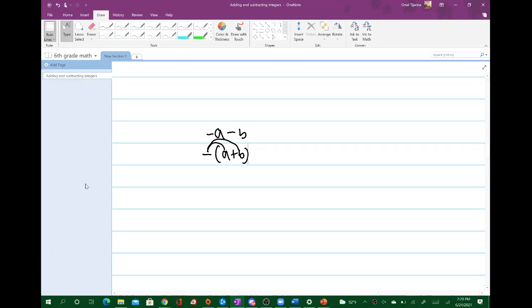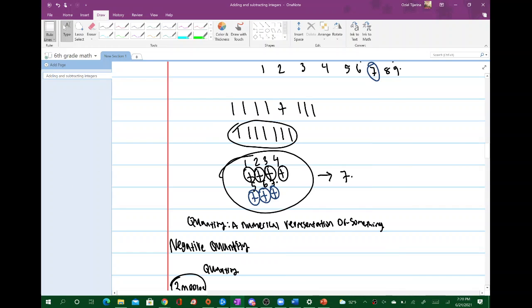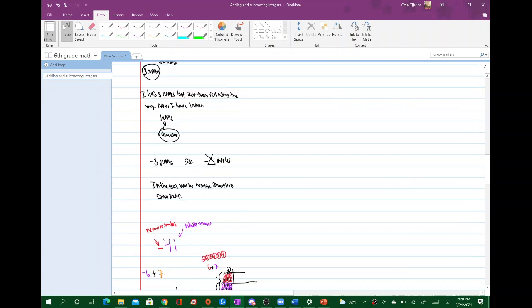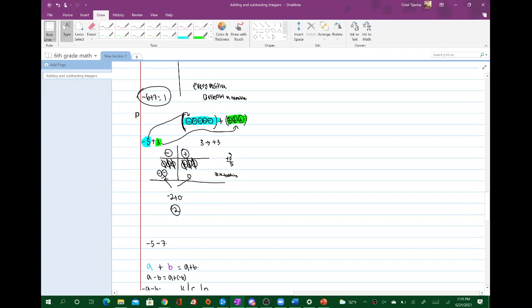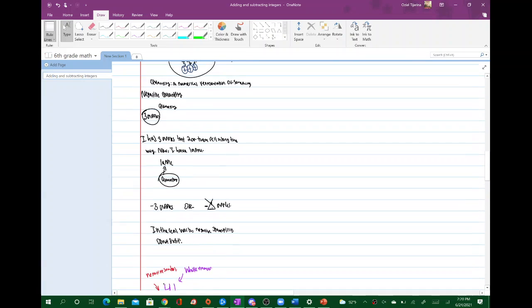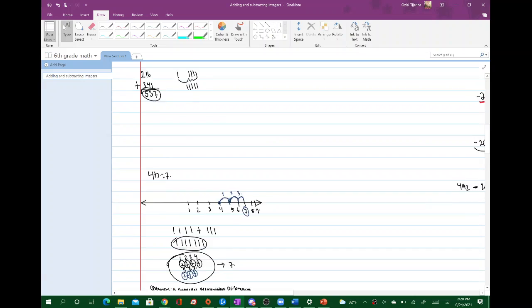But we must not overthink it just yet. In reality, the way that we add and subtract numbers is with t-charts, if you don't know how to add and subtract positives with negatives.